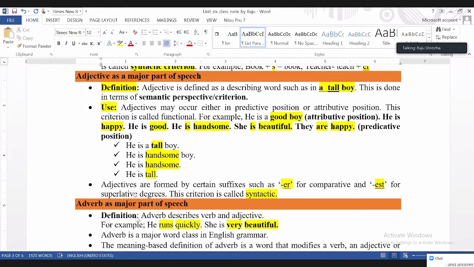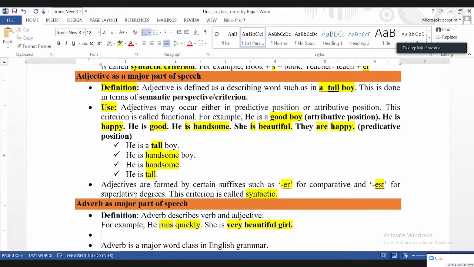For example, runs quickly describes the verb, and in she is very beautiful girl, very is modifying, showing the degree of the adjective beautiful.